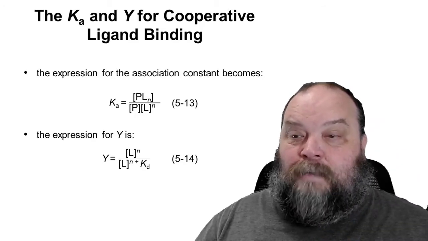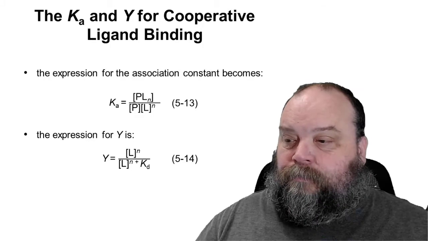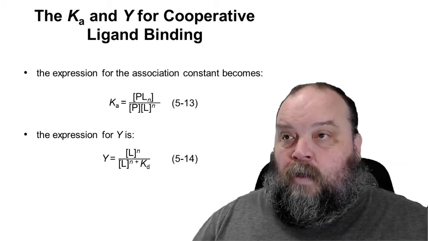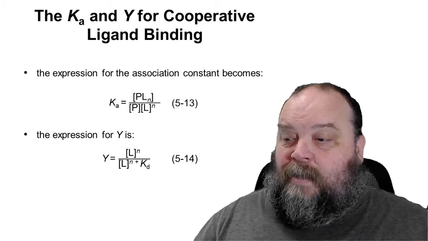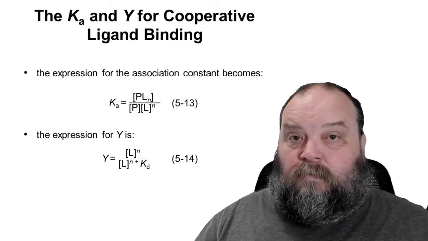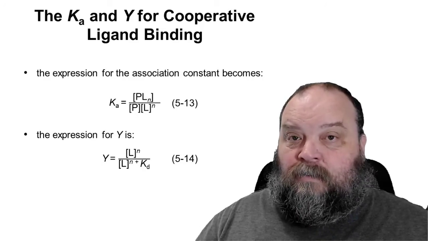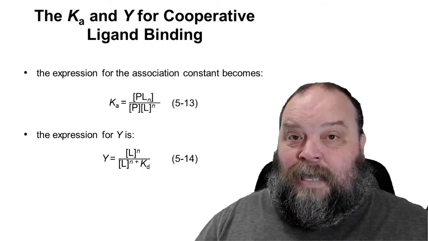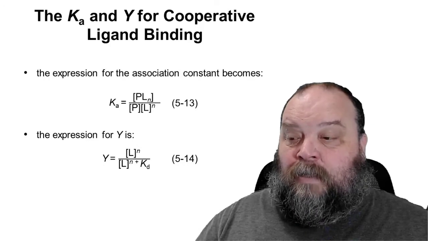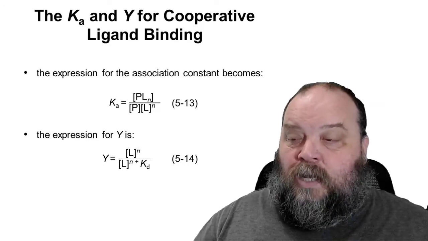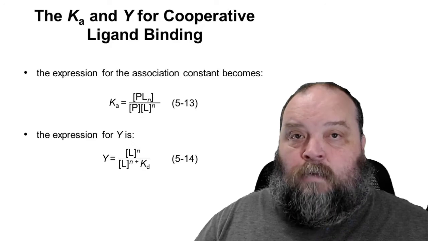Remember, n is how many binding sites are present. Go through, do the manipulation for Y. Y equals the concentration of L to the nth, divided by the concentration of L to the nth plus the dissociation constant. Okay, we've seen this before.